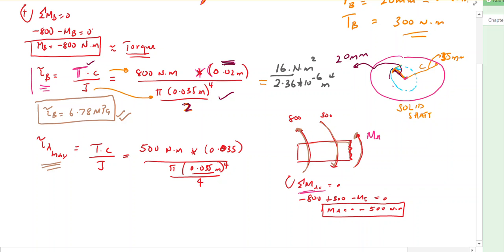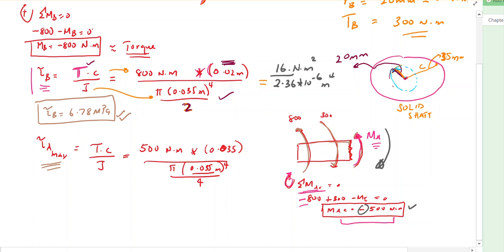I just use this particular formula. I'm choosing clockwise to be positive. That's negative 800 plus 300 minus, because I chose counterclockwise for my M sub A, I'm going to get a negative 500 Newton meters. All that means is that my direction from the get-go should have been this way. That's all that negative means, okay?